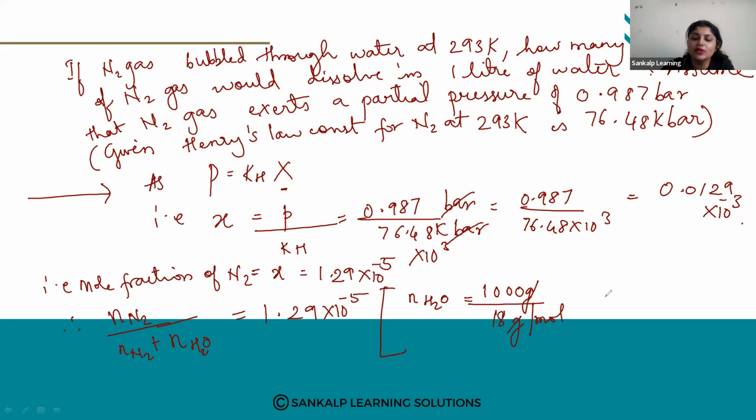So 1000 divided by 18 comes to 55.55. So the mole fraction of N2 over N2 plus H2O, with 55.5 moles of H2O, is equal to 1.29 into 10 raised to minus 5. Understood till here?